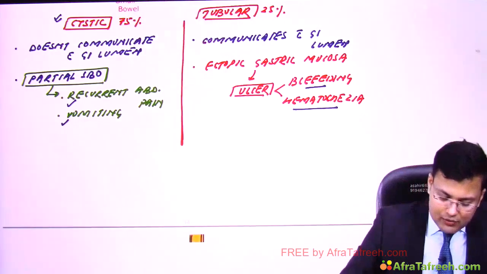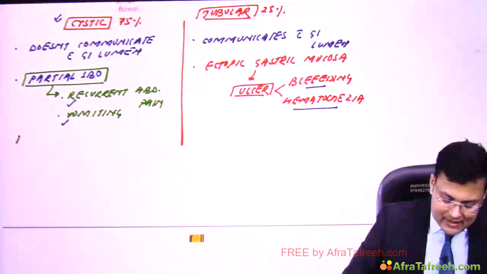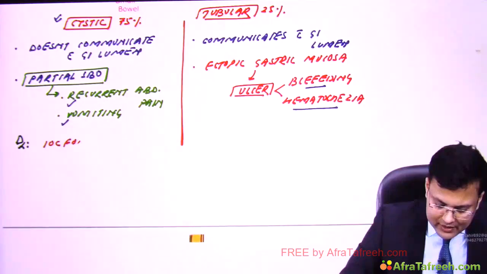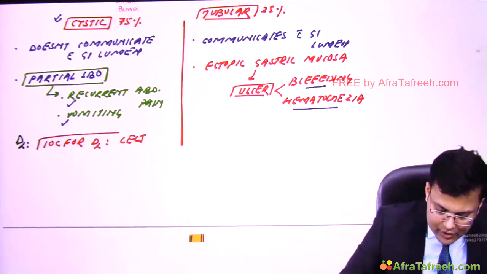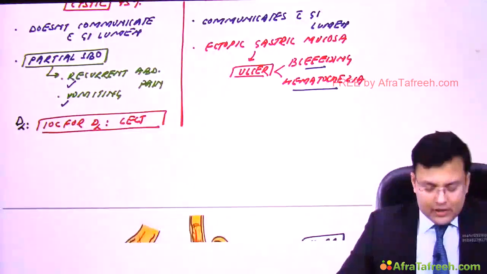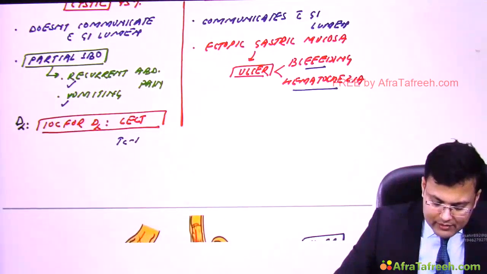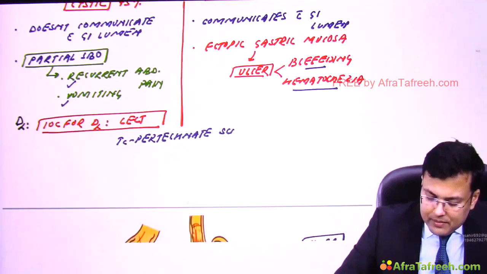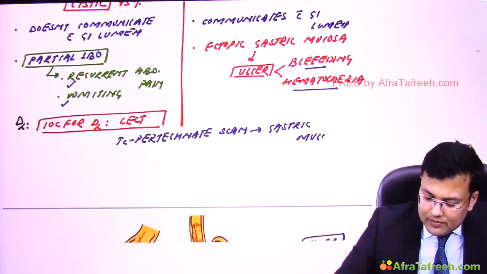So how do we make the diagnosis? Investigation of choice for diagnosis is CECT. So for duplication cyst, it is CECT, and if we suspect ectopic gastric mucosa, we go for technetium pertechnetate scan for ectopic gastric mucosa.